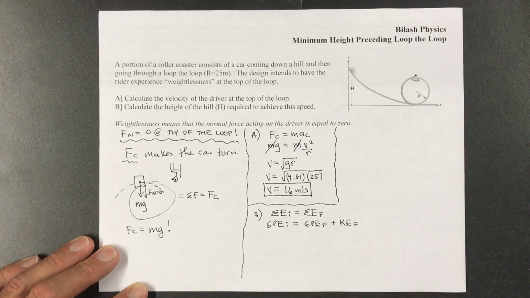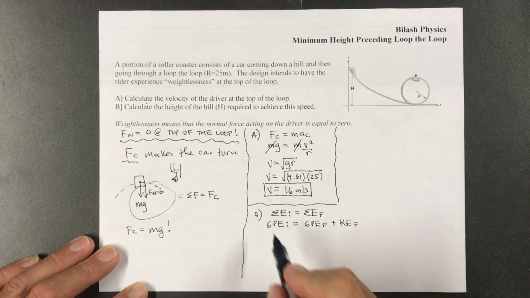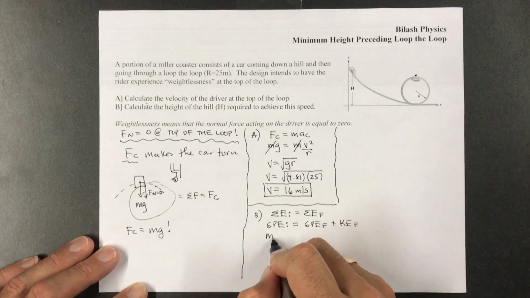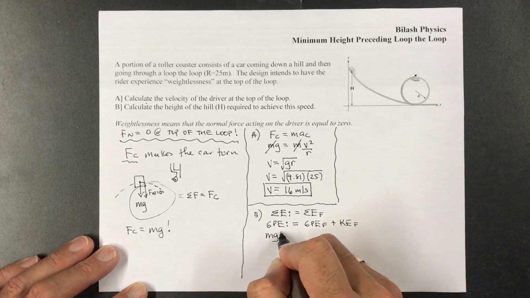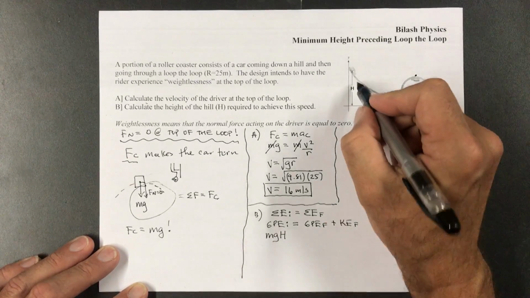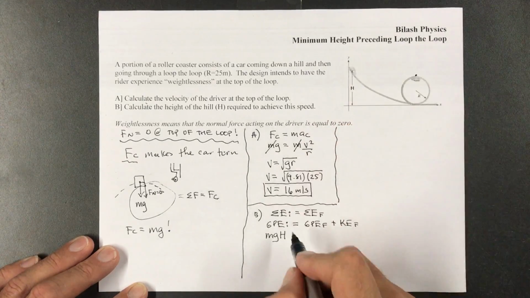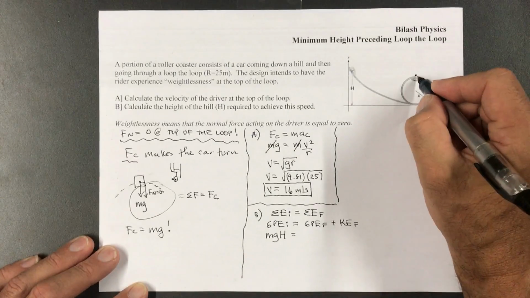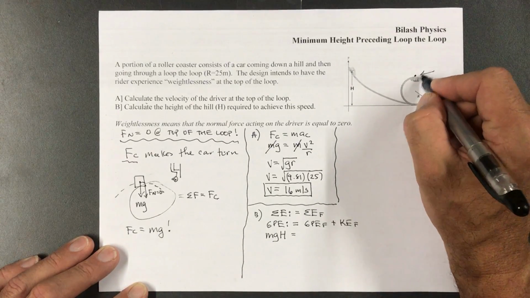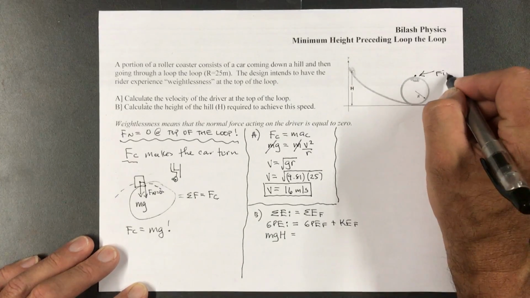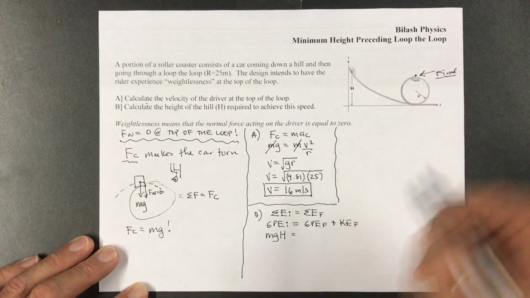So let's fill out these formulas. We know GPE, the formula is mg, and in this case, capital H. That would be this GPE here. And then this right here would be the final position for the problem.